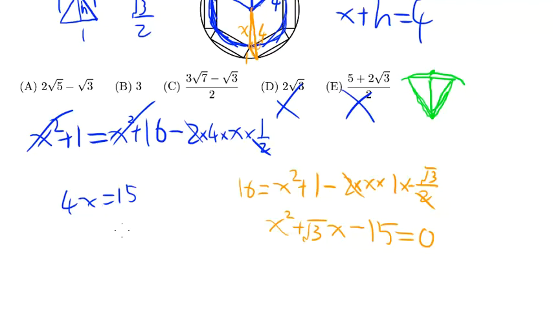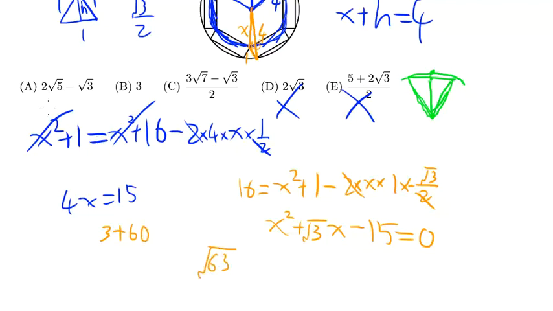Let's see here. You just plug in the formula. This is root 3 squared minus, plus 15 times 4, 60. 63.